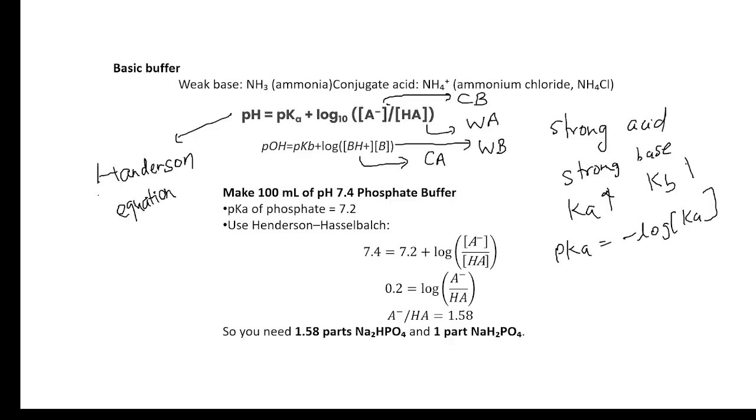They will have high Ka and Kb value, and they will have less pKa value. Okay, so this thing you need to remember.